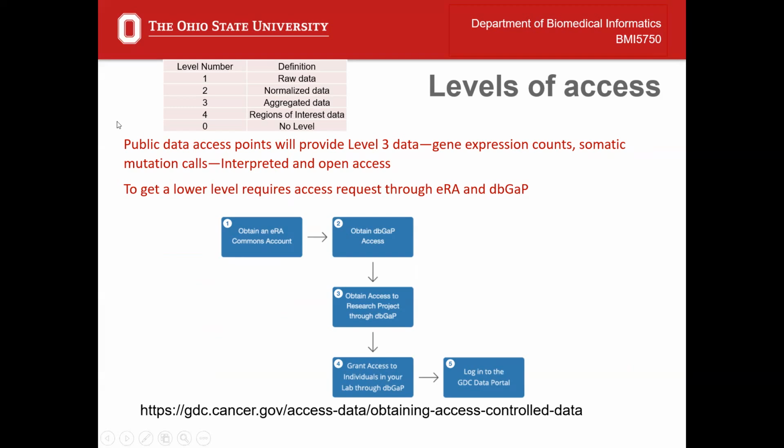If you want to get raw data or something in between, you have to request an account through ERA Commons and dbGaP, and go through a process to get access to those more raw levels of access. And there's a process to do it, but then you'd have to download big files and reanalyze it all on your own. For most applications, the level 3 data will be sufficient. So that's what we're going to talk about today.